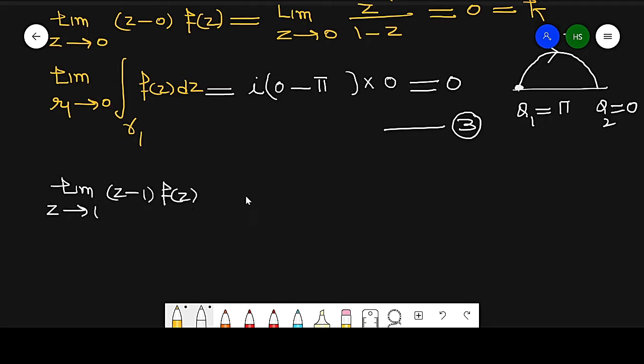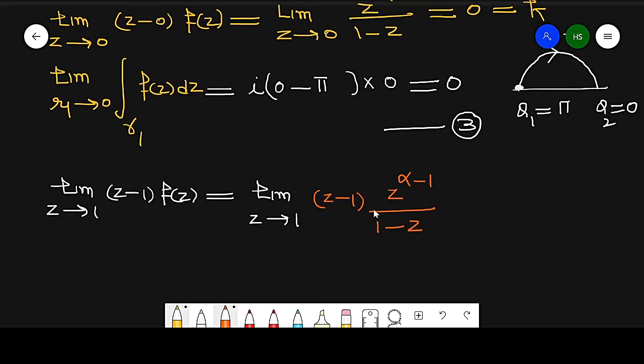What is this value? It becomes the limit as z approaches 1 of z minus 1 times z raised to power alpha minus 1 over 1 minus z.